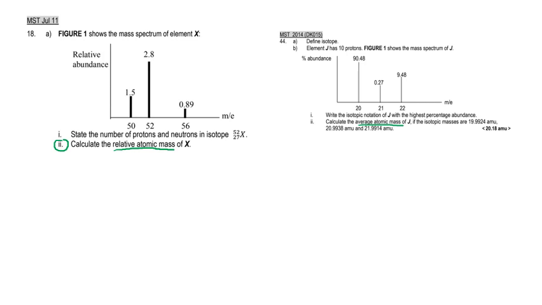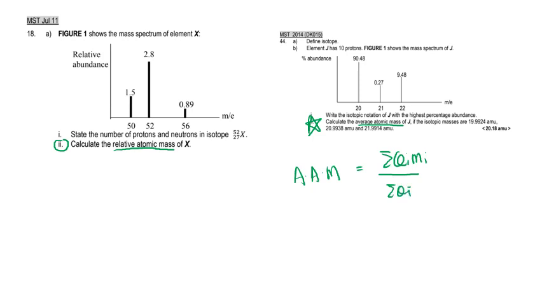Before we go into detail to compare the relative atomic mass and the average atomic mass, let's take question number 2 here as an example. We want to calculate the average atomic mass, which equals the sum of KiMi over the sum of Ki.